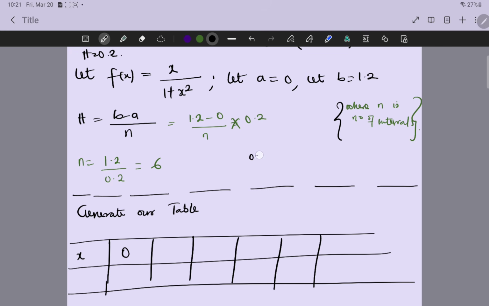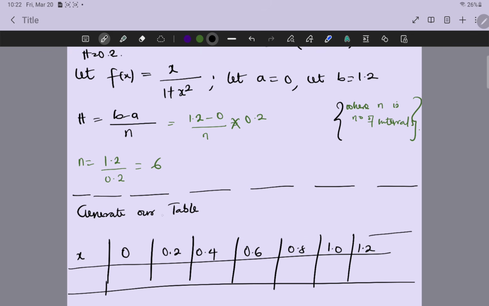Our next value is 0 plus 0.2, which will be 0.2. Add 0.2 to 0.2, 0.4. Add 0.4 plus 0.2, 0.6, 0.8, 1.0, and 1.2. So I just keep adding the interval of difference, h, to everybody there.